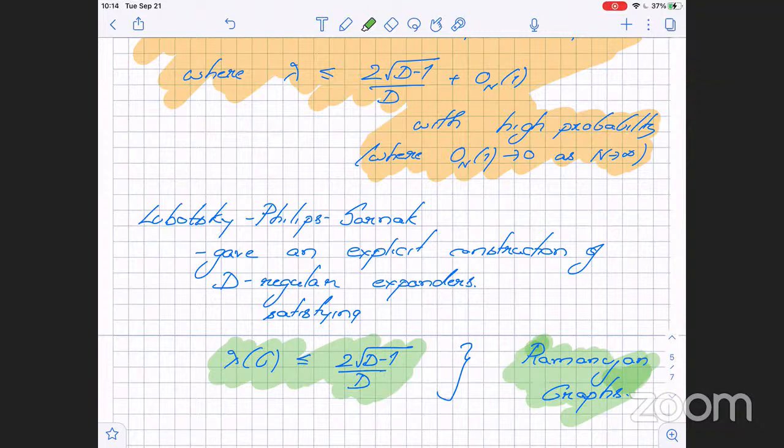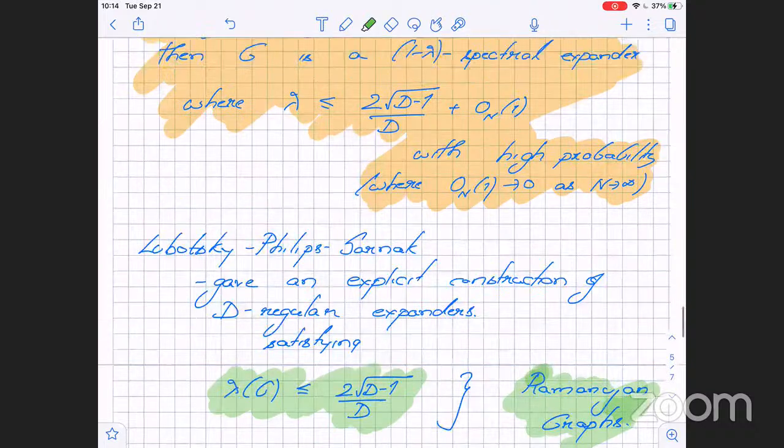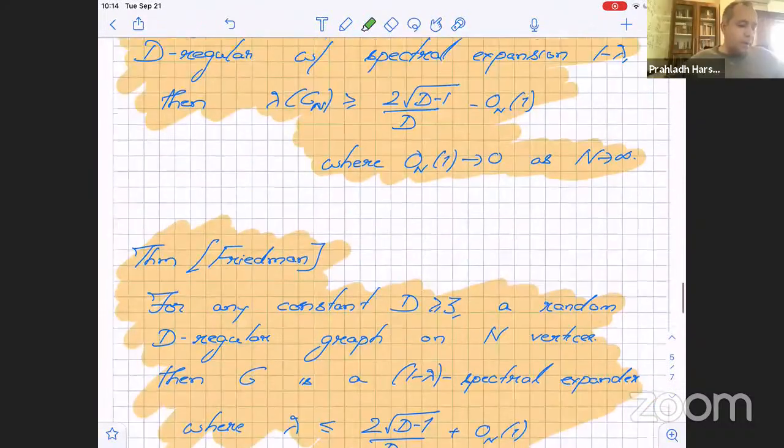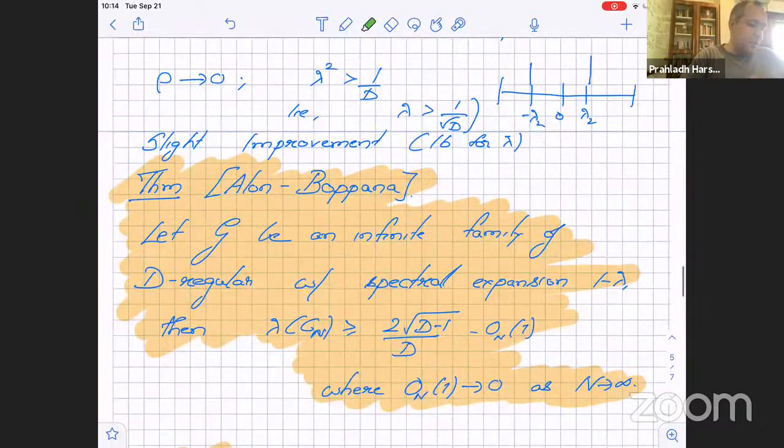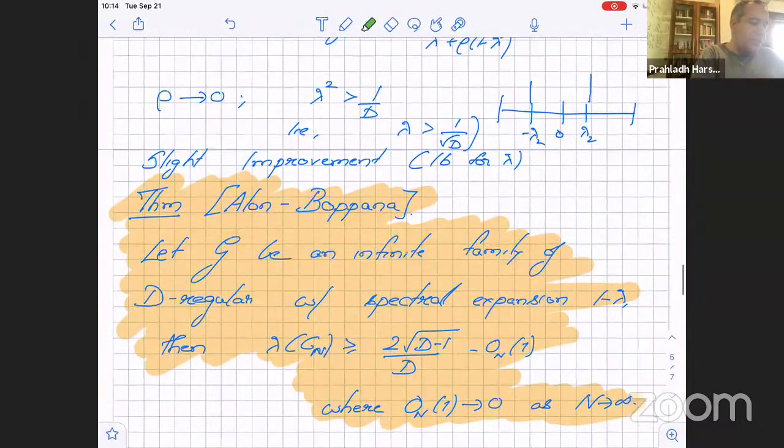Can you again explain the thing about infinite family of graphs in the Alon-Bopanna theorem? Notice the Alon-Bopanna bound is an improvement of this trivial observation that we saw.